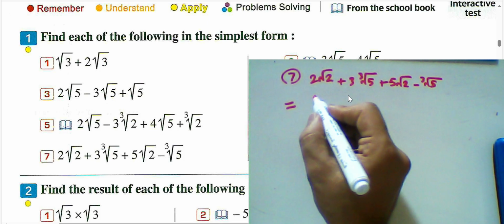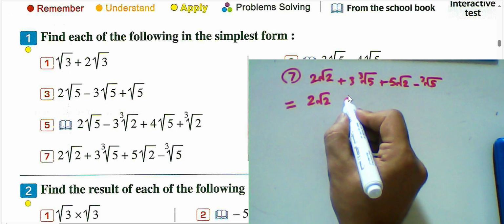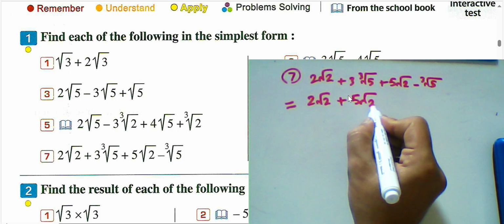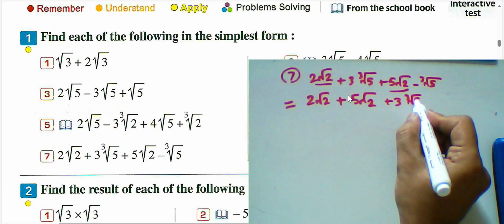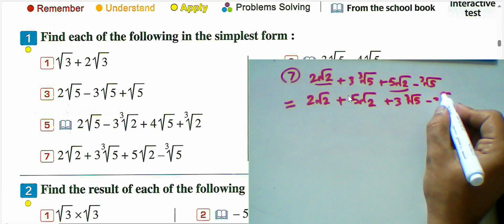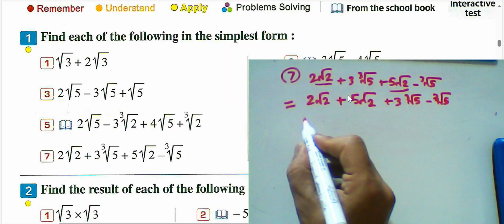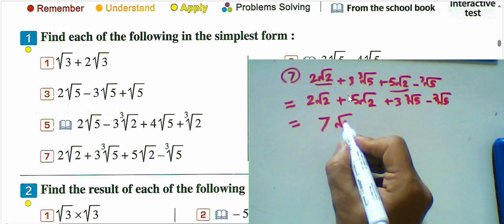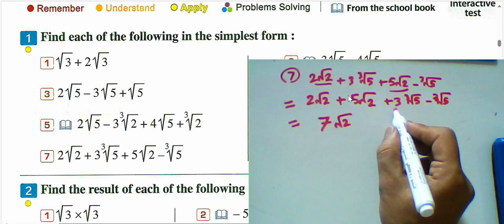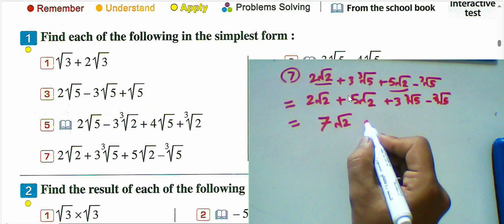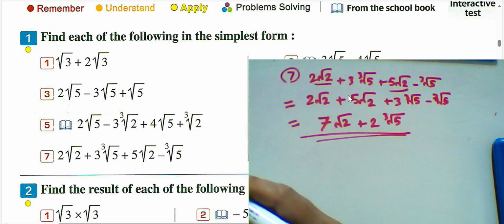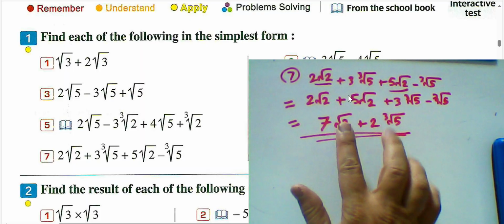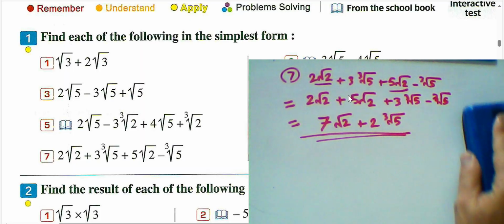We can write here 2 square root of 2 plus 5 root 2 plus 3 cubic root of 5 subtract cubic root of 5. 2 plus 5 is 7, so the result will be 7 square root of 2. 3 plus negative 1 equals 2, so the result will be 2 cubic root of 5. It's the simplest form for this example because these terms are not like terms.